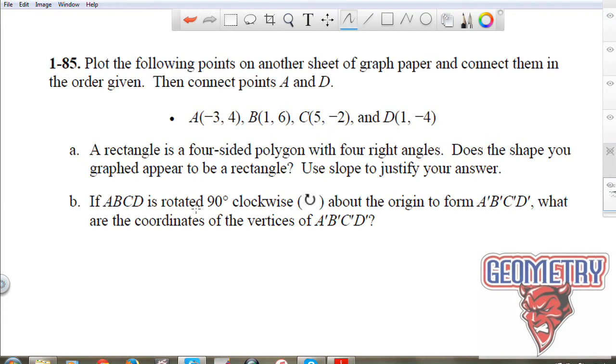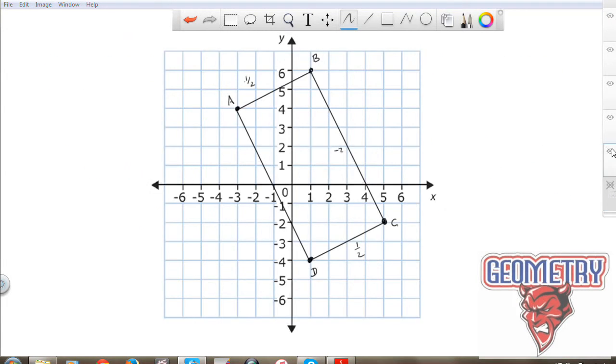The next part of the problem says, suppose the rectangle is rotated 90 degrees clockwise about the origin. What are the coordinates of these vertices? Let's just draw it, and that'll make it easy to find the vertices from there. We're going to rotate it clockwise 90 degrees, so it's spinning around the origin here.